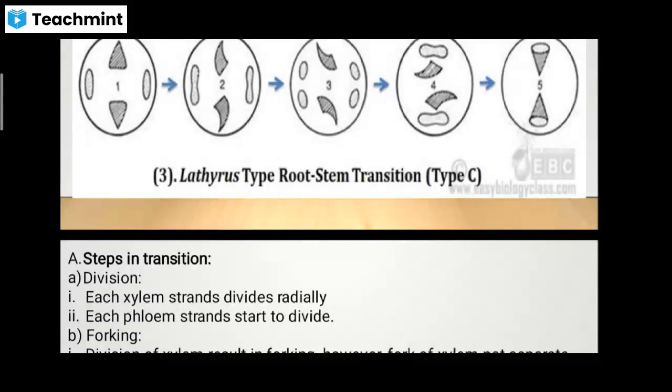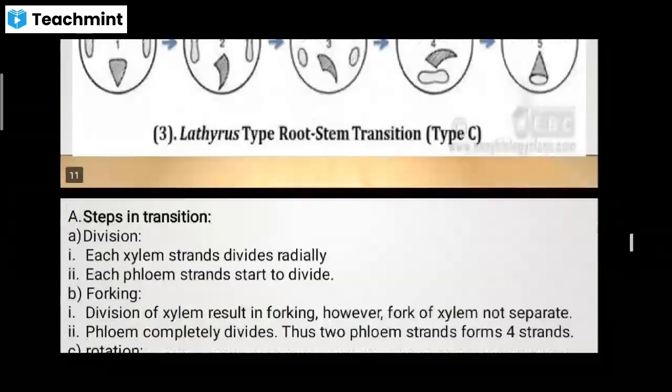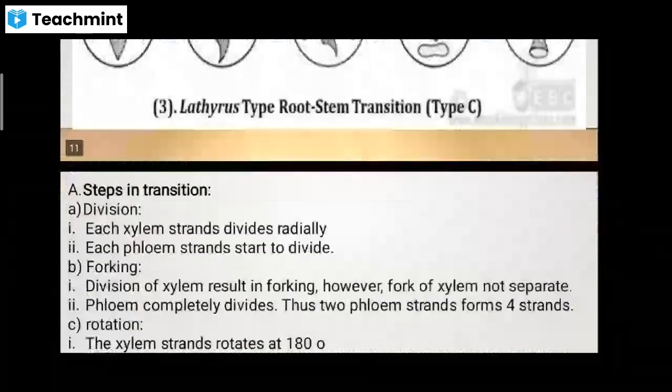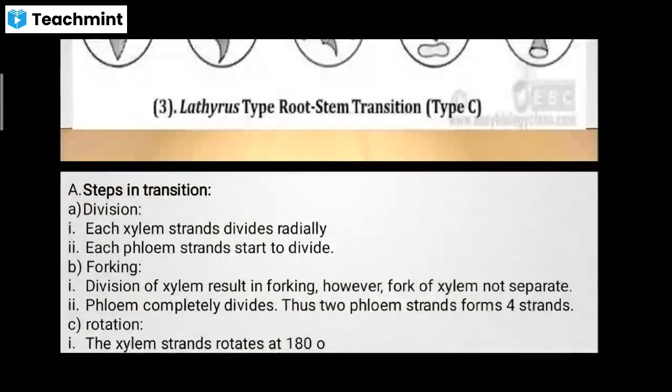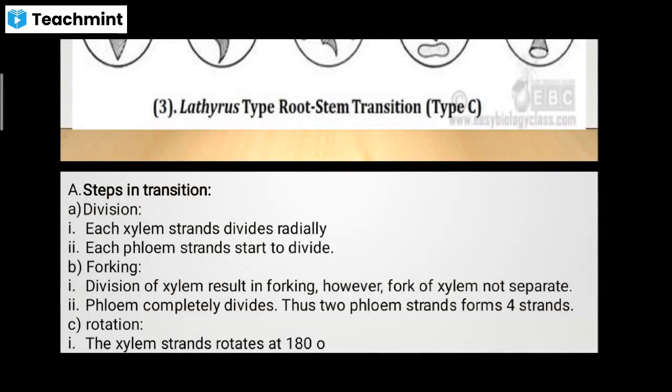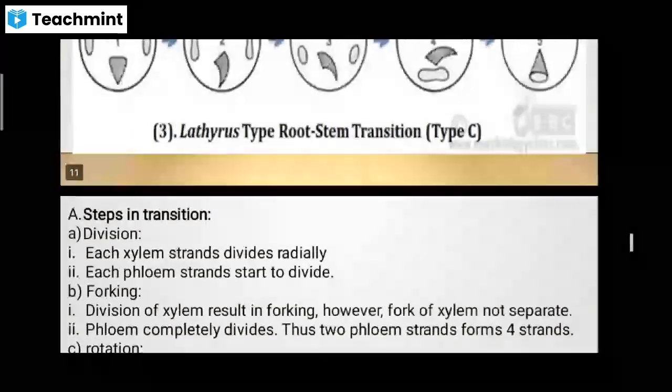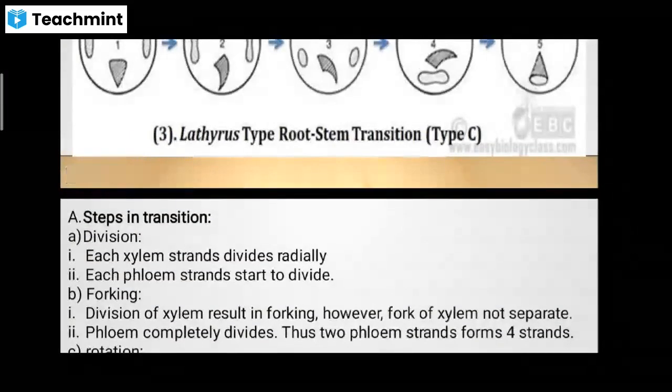The second step is the forking stage. In forking, the division of the xylem takes place and they form forks, but they are not separated here. But in the phloem, they will be completely divided and form four strands of the phloem.